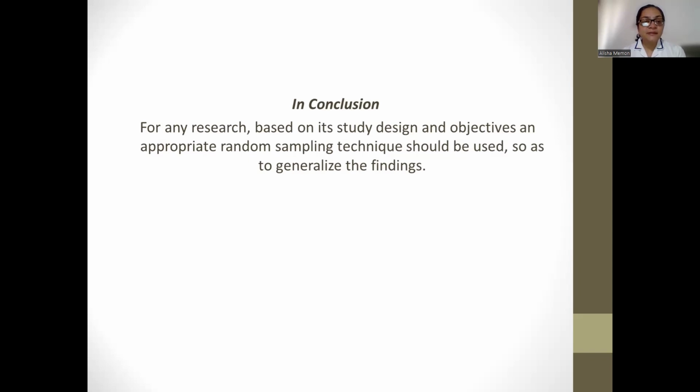And once your sampling frame is selected, you need to determine what sampling technique we are going to use. We come to a type of sampling technique after we are clear with the study design and the objectives, which help us determine which sampling technique will be useful for a particular study. Once that is done, we calculate the sample size and then we go about recruiting the sample.